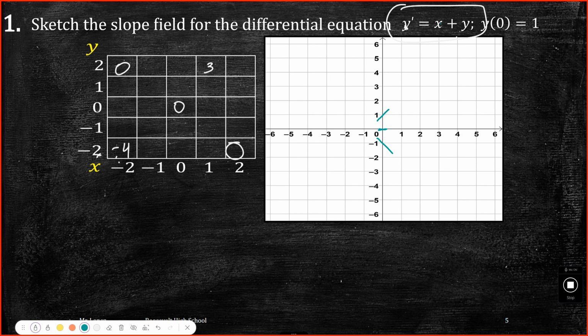X is negative 1, y is 0. Is it going down? Negative 2, x is, what is negative 2? Is it going to get steeper and go like this more? Like that? It's good. 0, 1.